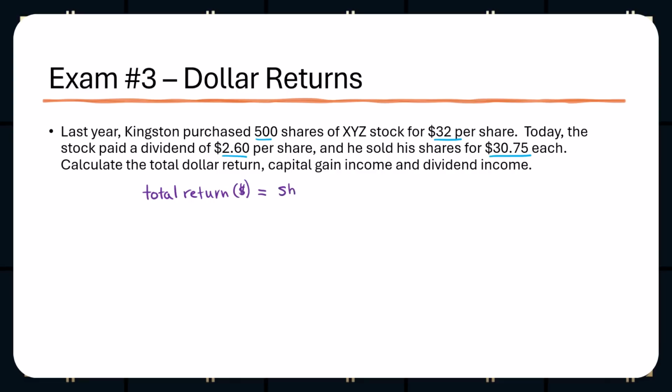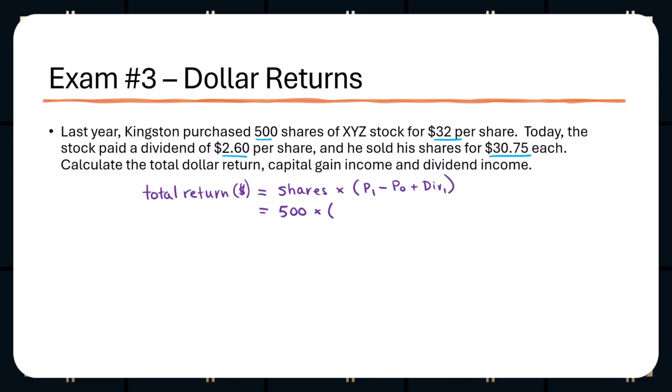When we're trying to find our total dollar return, we're going to take the shares that we own and simply multiply it by the price that we sold it for minus the price we paid plus any income that was received. In this case, it would be the dividend 1 year later after the purchase of the stock. So we will take the 500 shares that Kingston owns.